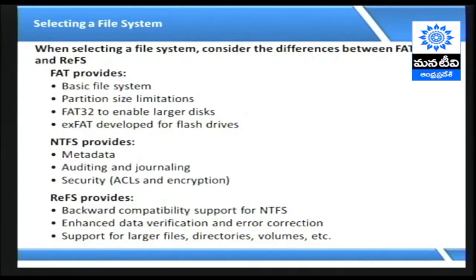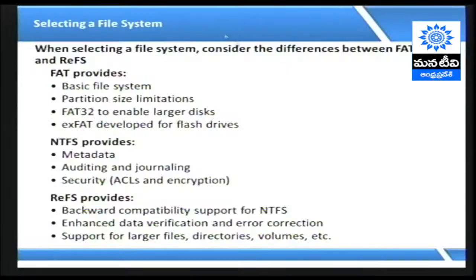Instead of creating FAT32 on a computer drive, if I created exFAT, it was developed for flash drives. That is, USB drives are created on the basis of one file system, exFAT. Moreover, the exFAT file system supports creating files of more than 4 GB, and you can create a partition size of more than 8 terabyte.